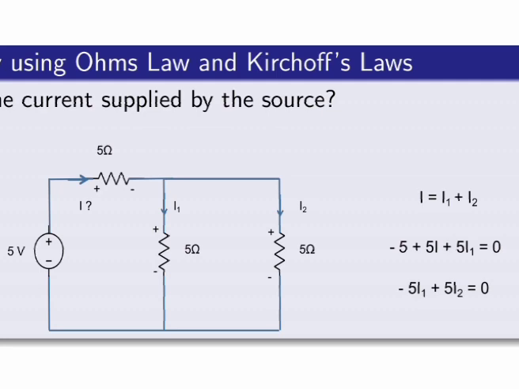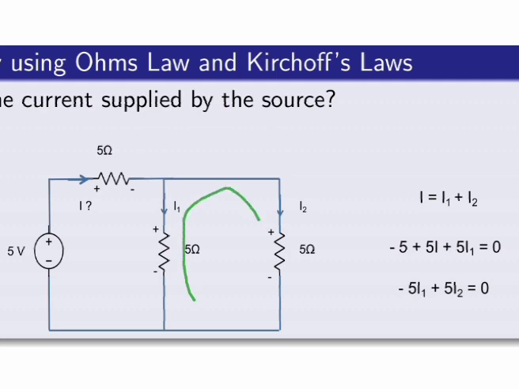Similarly, we can apply the KVL in the second loop. I am starting from here. When I reach the first resistance, I see first the negative sign. That's why I write minus here. And the voltage across this 5 ohm resistance is 5 into I1, so the magnitude is 5 into I1.